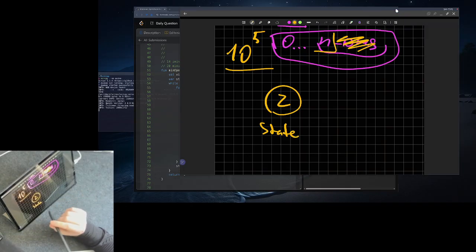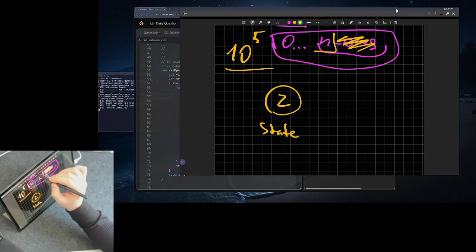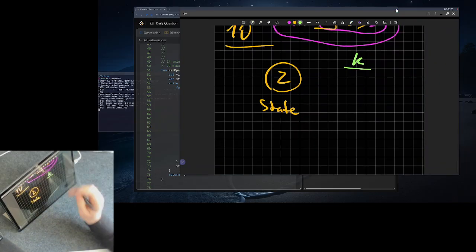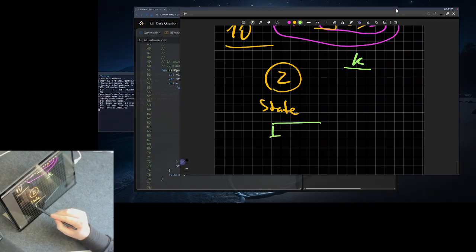What can we do with the state? And we have k that can be flipped. So we can flip exactly k. Imagine we have situations where k is bigger than zeros.